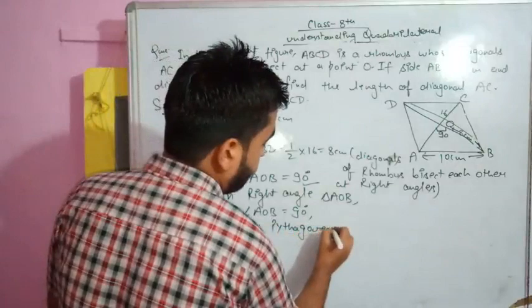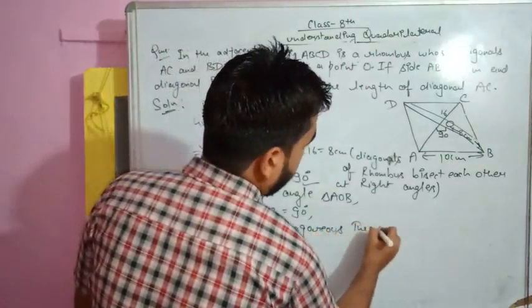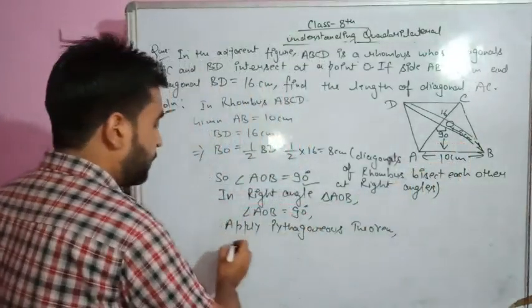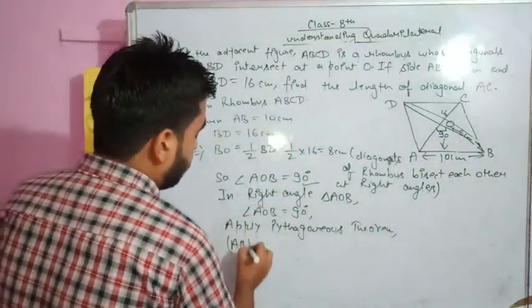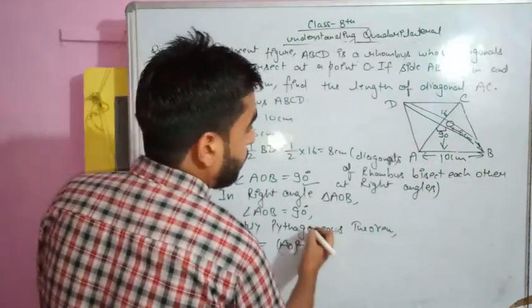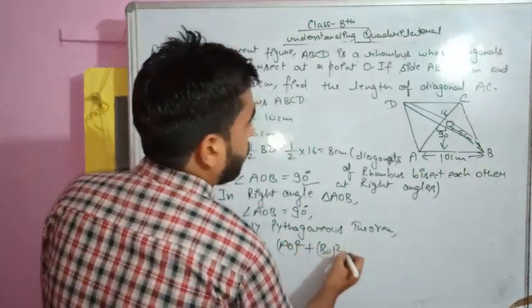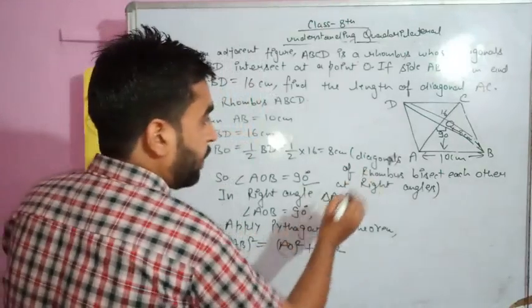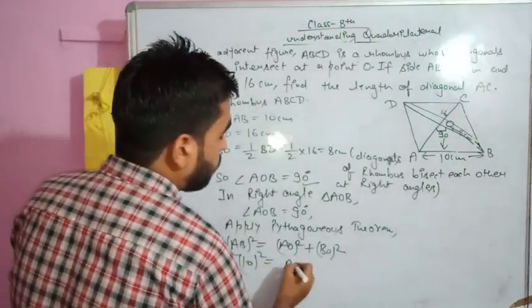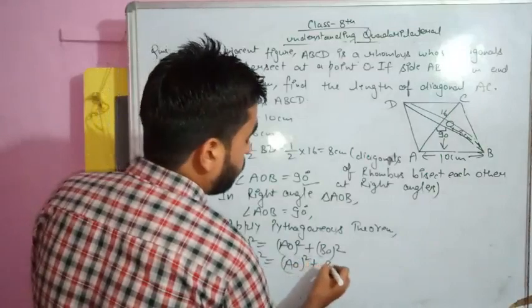Apply the Pythagoras theorem. When you apply the Pythagoras theorem, the side opposite to 90 is 10, so 10 is the hypotenuse. AB square is equal to the remaining two sides squared, that will be AO square plus BO square. Now AB is 10. 10 square is equal to AO, not known to us, plus BO, known to us, 8 square.